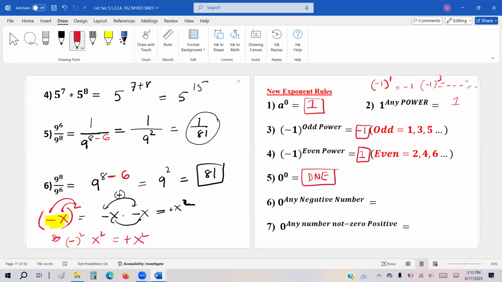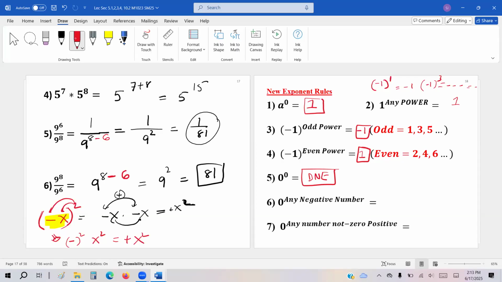For example, here, negative with the square, see, it turns into positive. Same thing, negative with the 4th power, it will turn into positive. Negative with 6th power, 8th power, any even power, it will turn into positive. And any power means a whole number, okay? Not fraction. For fractions, there's a different scenario.